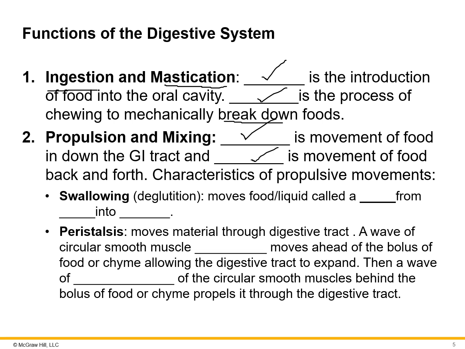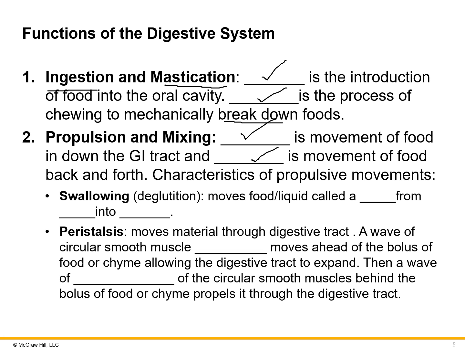If you imagine a churning or cement mixer type movement where it rotates and mixes and churns material so that the digestive juices are mixing with whatever it is you have ingested. And this is more relevant to the stomach, which we are going to talk about a little bit later.